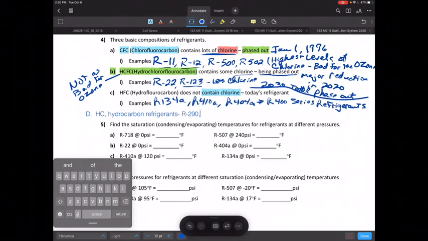R-290 is actually propane. You might have heard of propane before. Propane is one of our gases that we use. If you have a gas grill, that's an example of that. It is not the same. We're talking about R-290 or propane as a dedicated refrigerant. So it's refrigerant grade, I should say. There's different grades of propane, and this is one of them.